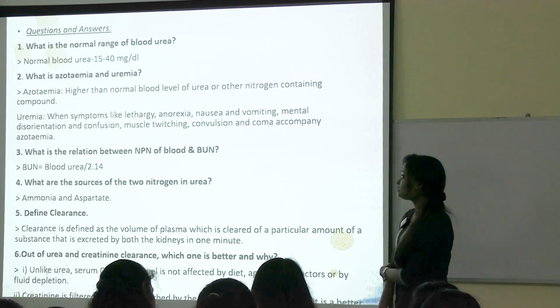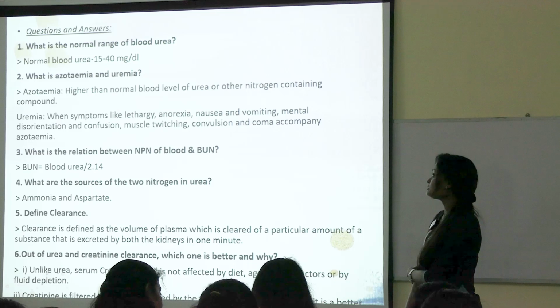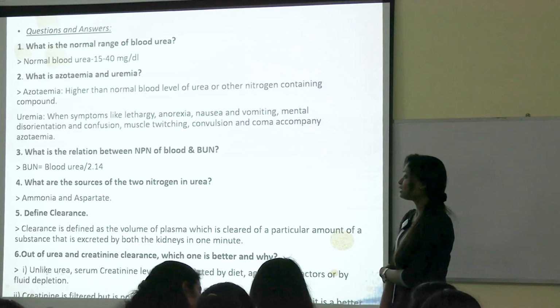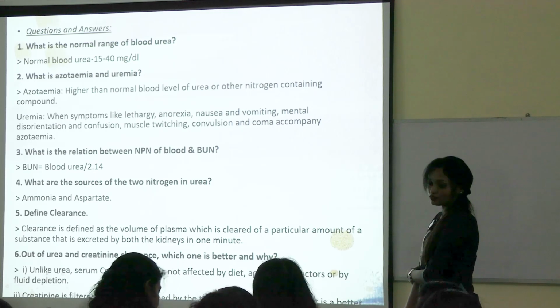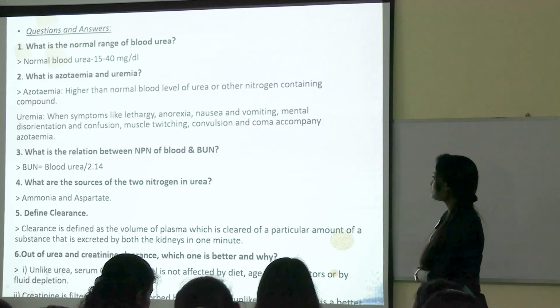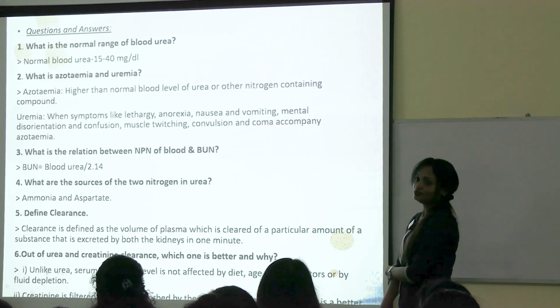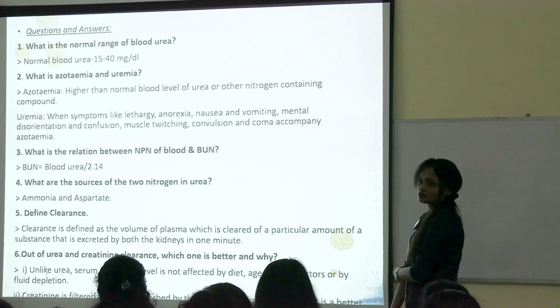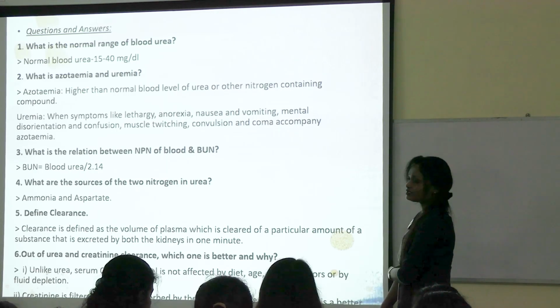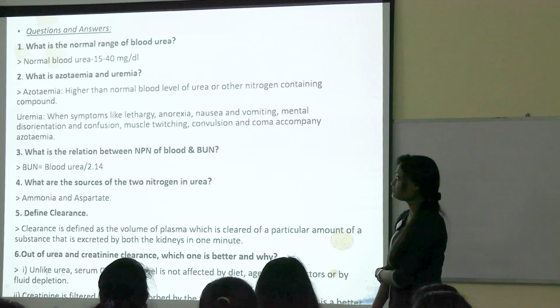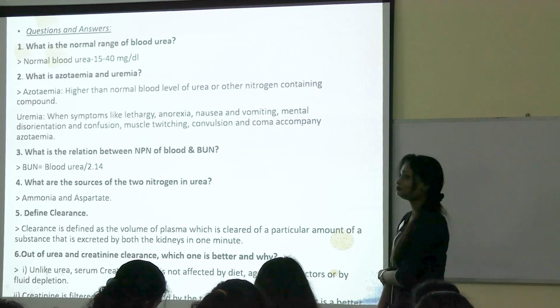Then what is uremia? When symptoms like lethargy, anorexia, nausea and vomiting, mental disorientation and confusion, muscle twitching, convulsion and coma accompany azotemia. So with raised urea level, if these other symptoms are associated, then this is uremia.